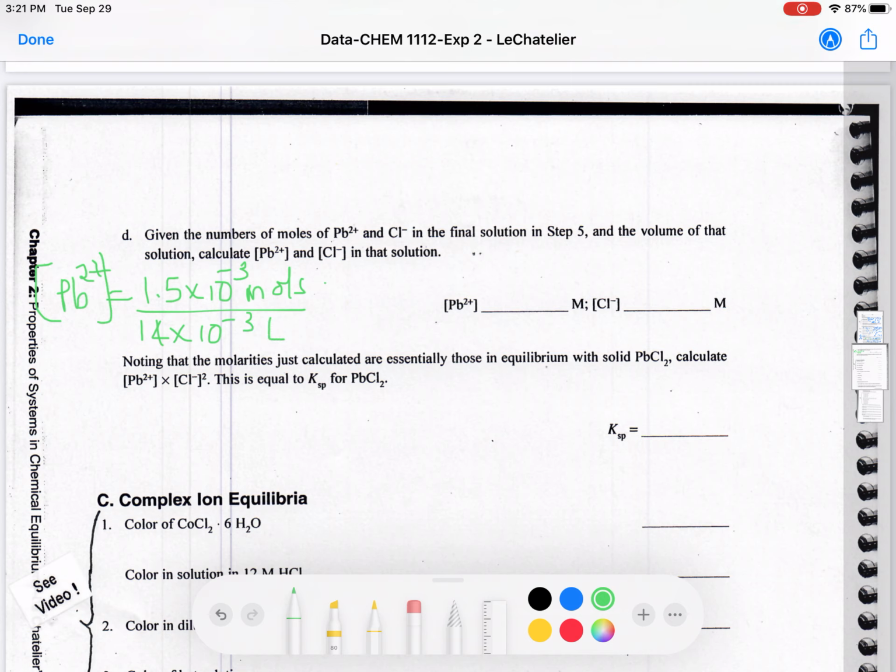That will give you the lead ion concentration. You write it down over here. That would be 0.11.